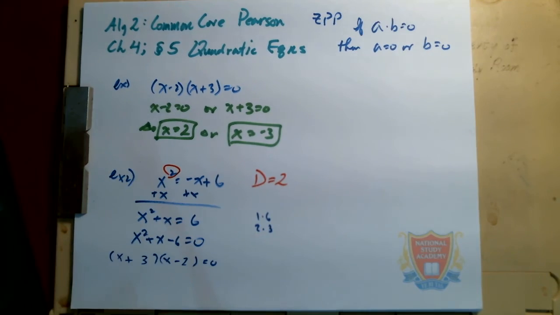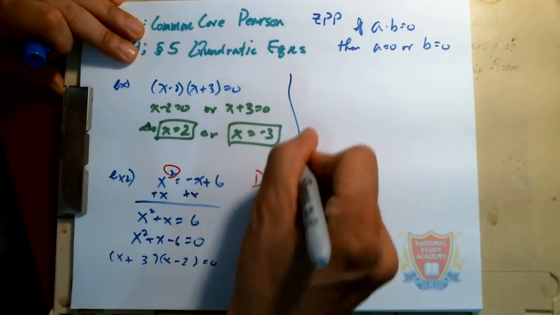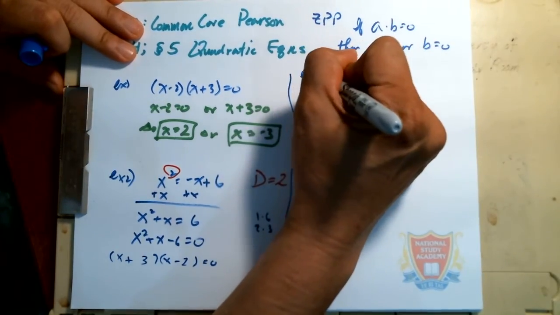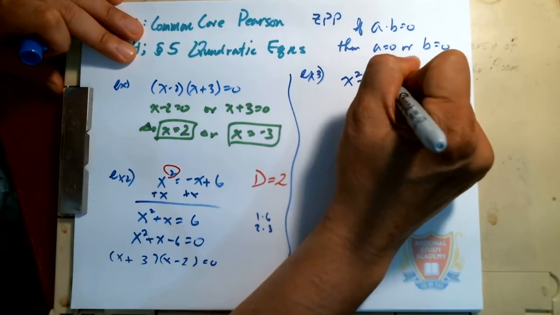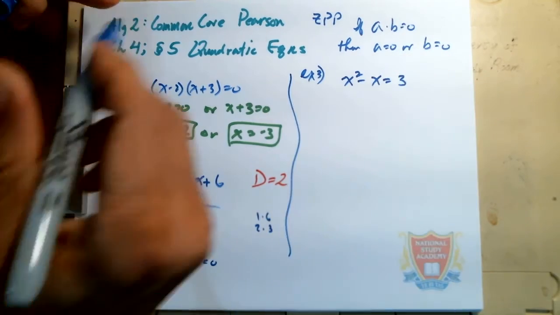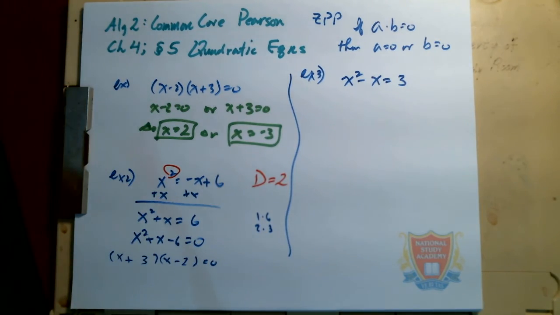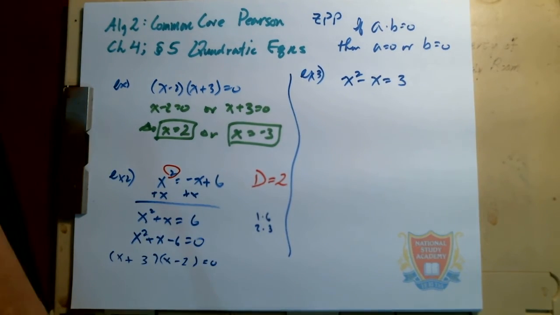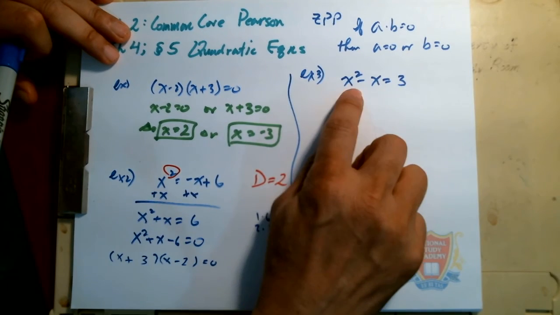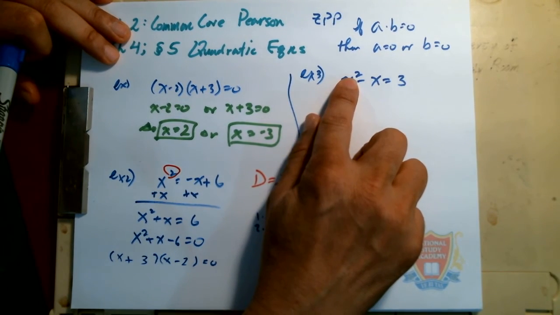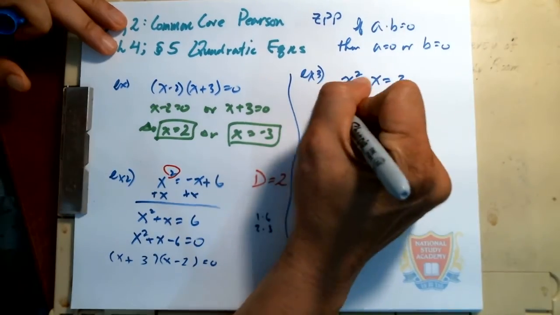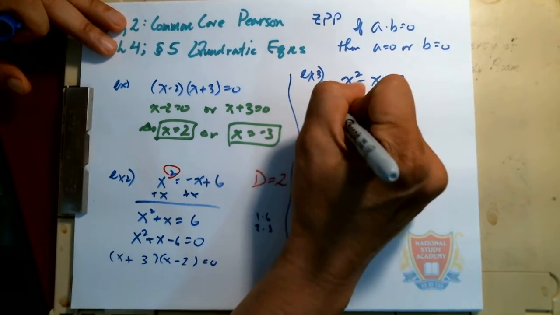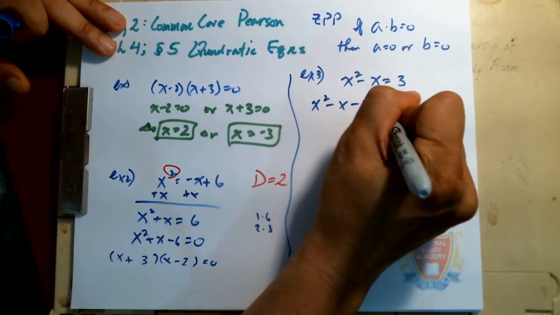Okay, let's try another example. Example 3: x squared minus x equals 3 this time. What do we do at this stage? Since it's quadratic in nature, degree 2, we're going to move the 3 over to the left side by subtracting 3.